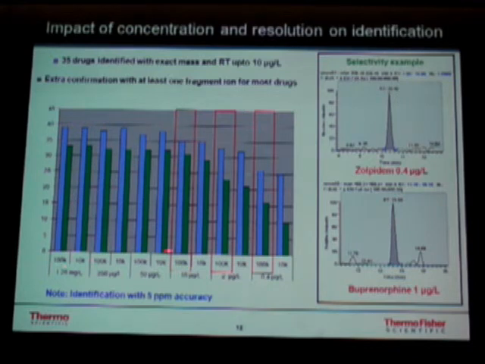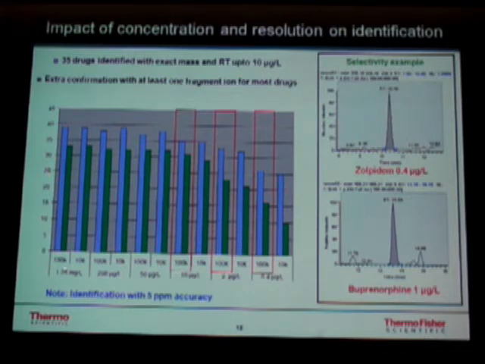So what you have on the x-axis is two data points, 100,000 resolution and 10,000 resolution, and then the concentrations in serum. And on this side, we have the number of drugs that were confirmed.